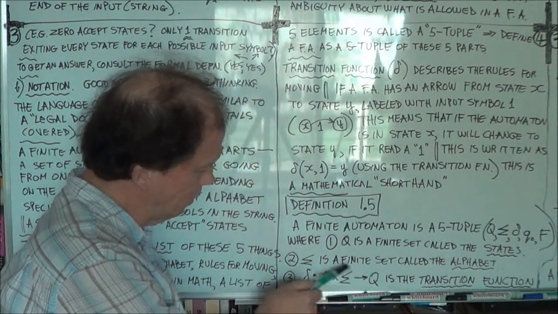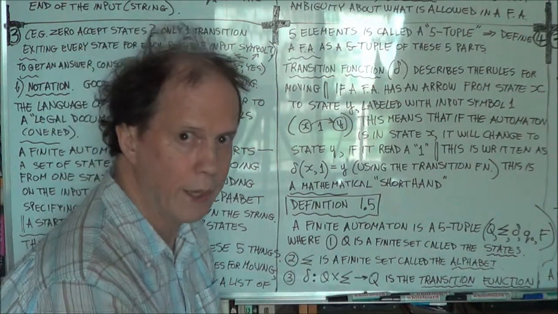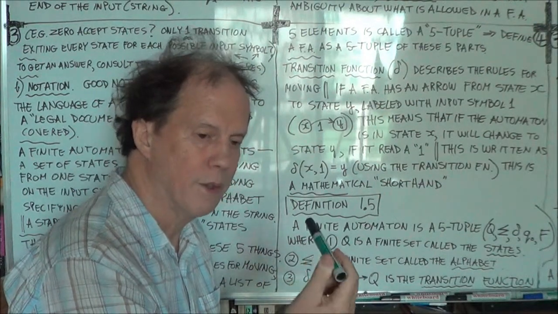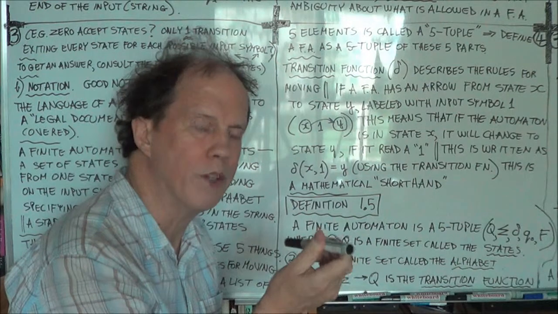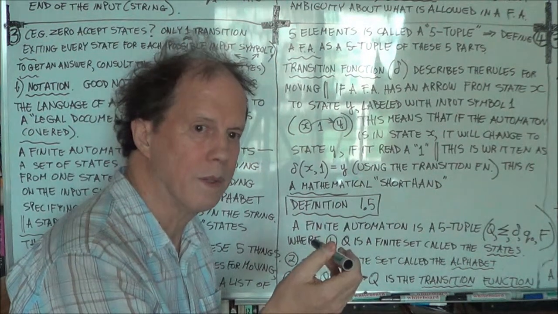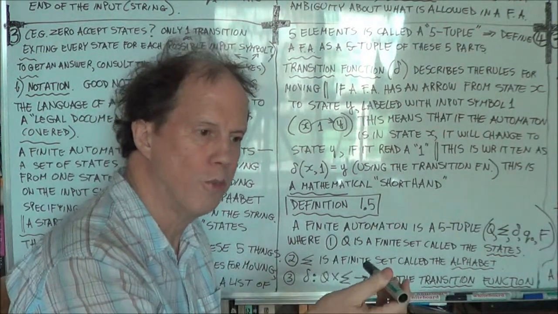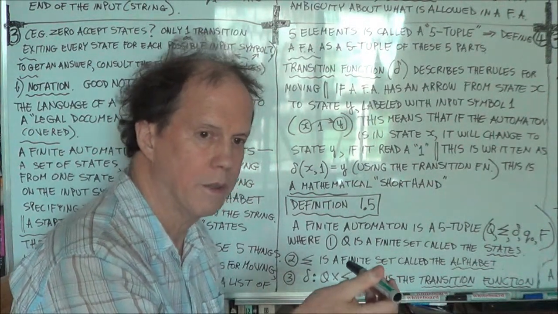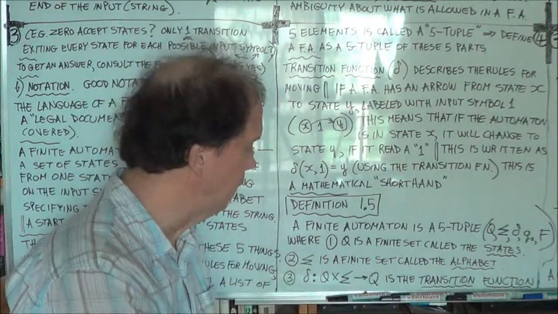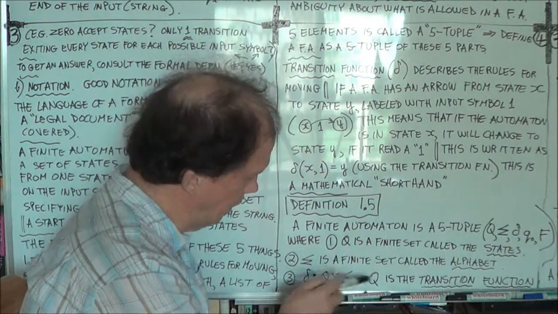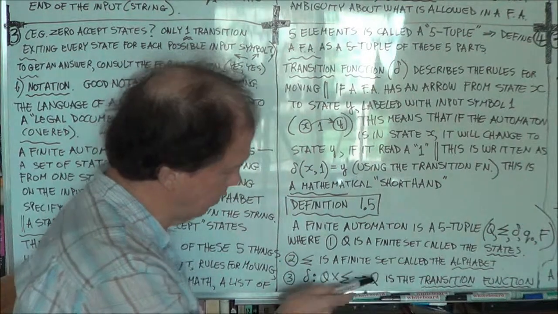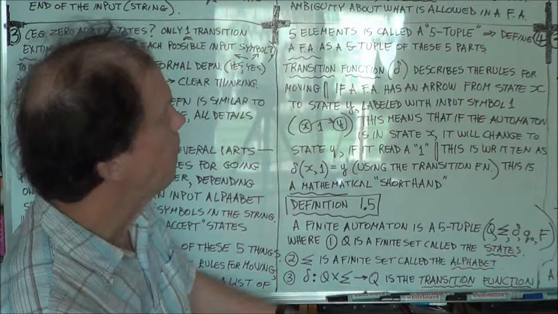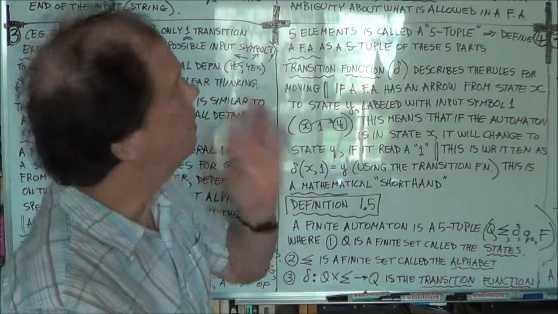Okay, so the elements of the Cartesian product are ordered pairs, and it's that ordered pair that's important. So the first term in your ordered pair is the current state. The second term is the current symbol being read. Okay? And it maps that ordered pair into the next state, which is a member of your set of states.